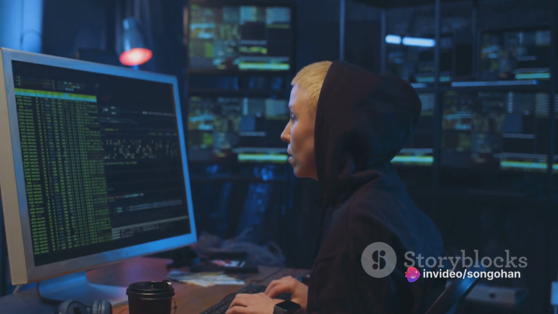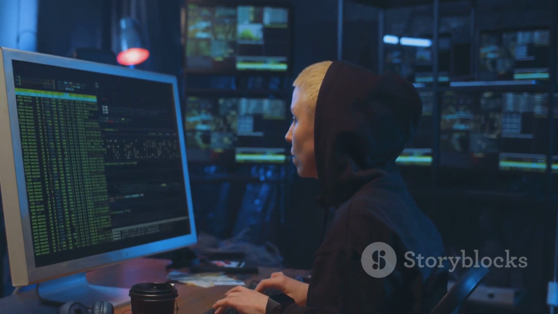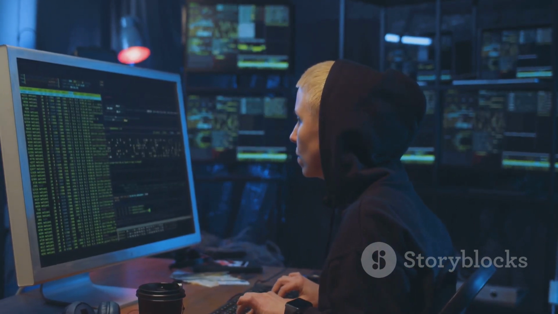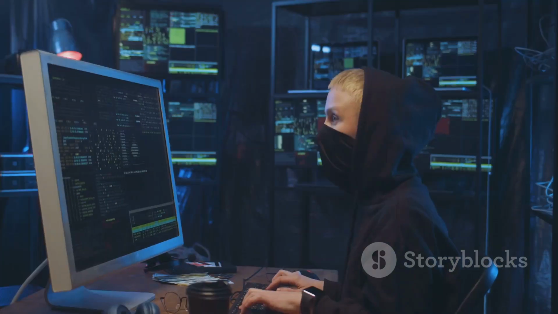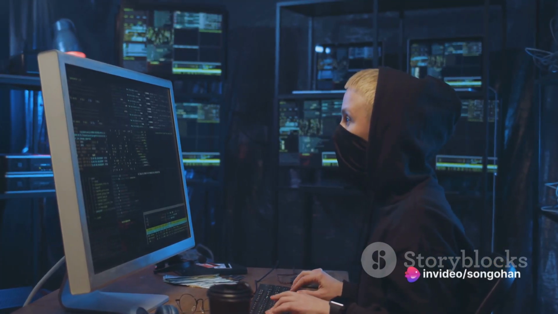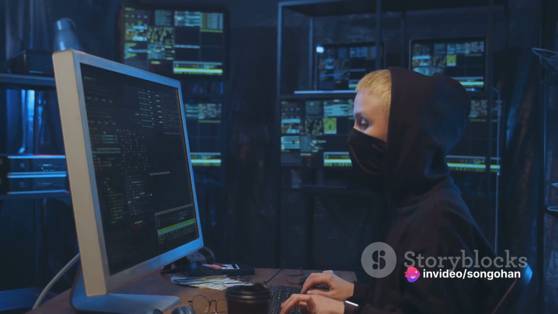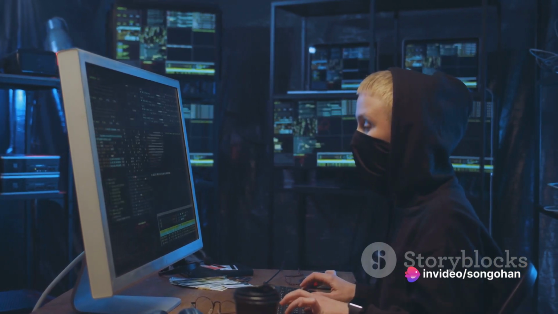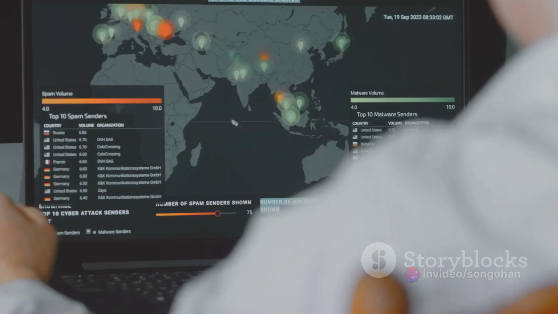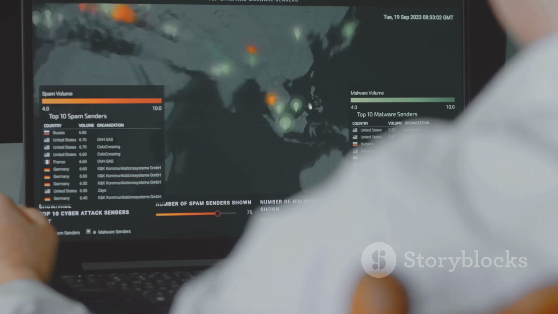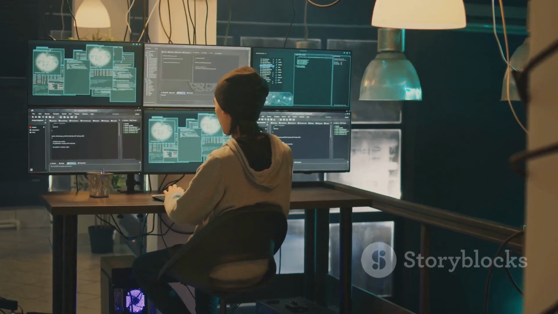The anatomy of a virus is complex, but understanding it helps us recognize and prevent them. Worms, on the other hand, are independent malicious programs that spread across networks without needing to attach themselves to host files. They consume bandwidth and system resources, causing networks to slow down or even halt.